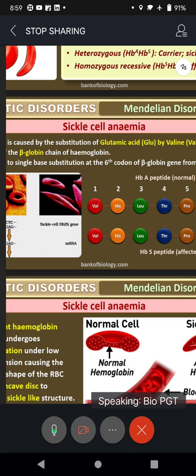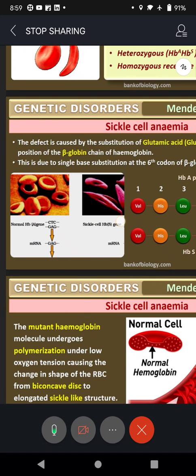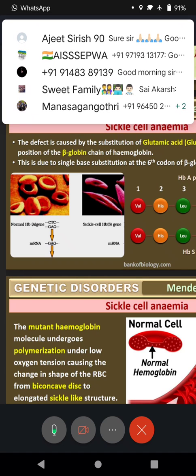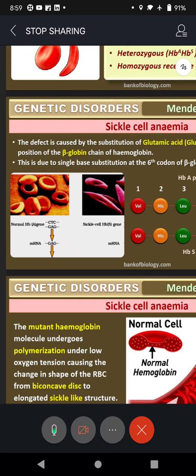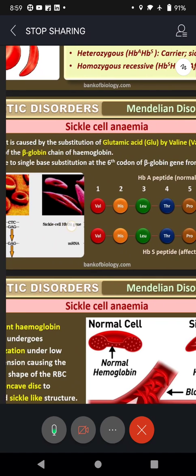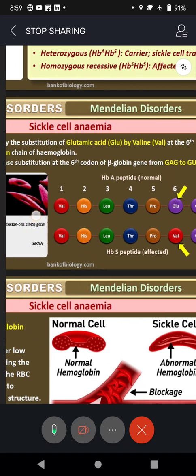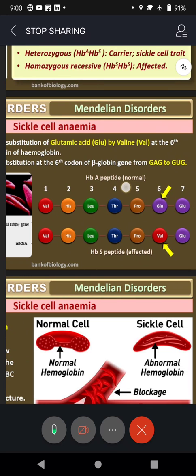So the shape of the RBC gets changed because of this change, glutamic acid to valine. This is due to a single base substitution at the 6th codon of the beta globin gene from GAG to GUG.